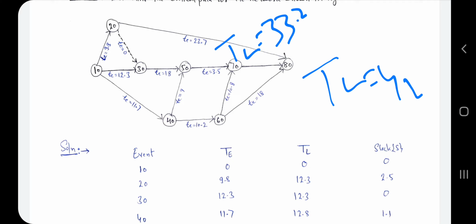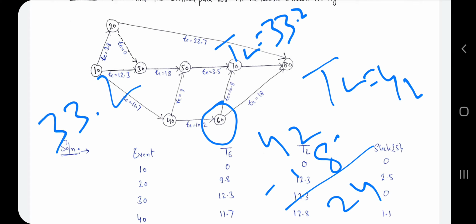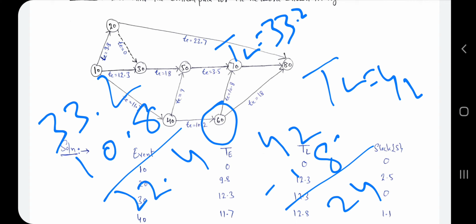Now we have to find the TL value of 60. So TL 33.2 minus 10.8, and TL 42 minus 18. When we do 42 minus 18, we get 24. And 33.2 minus 10.8, here I get 22.4.